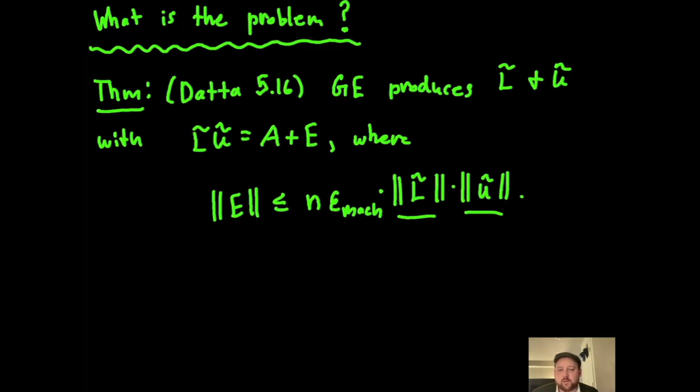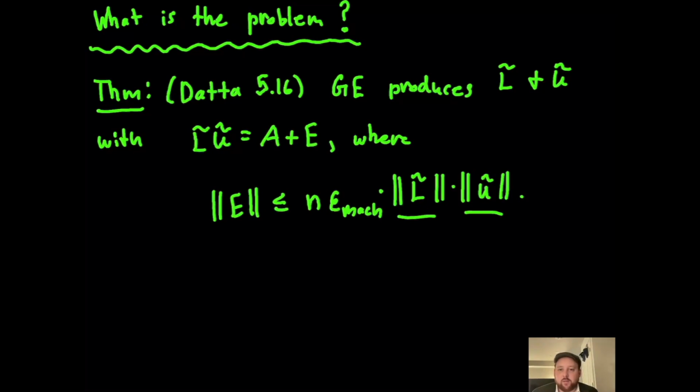And remember, we just discussed why the entries in these computed LU factors can begin to blow up if we ever divide by a pivot that's very small but non-zero. So what this upper bound tells you is that this error could actually be as large as this upper bound. You have no guarantees. It might be a lot smaller, but in the worst case, it could even attain this upper bound.